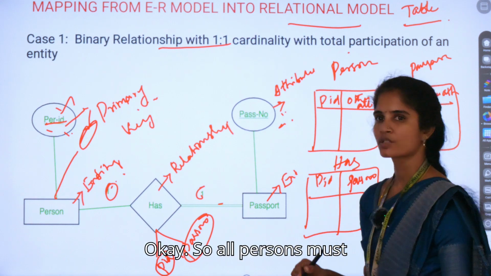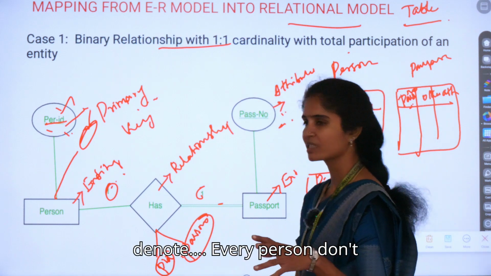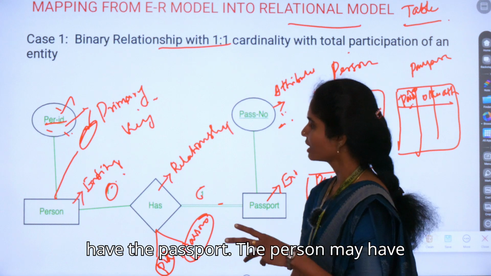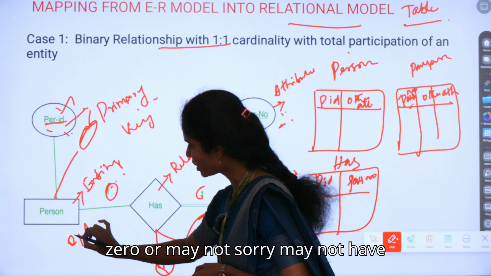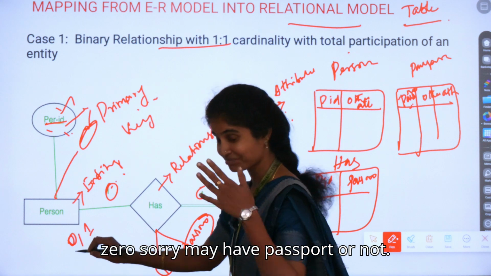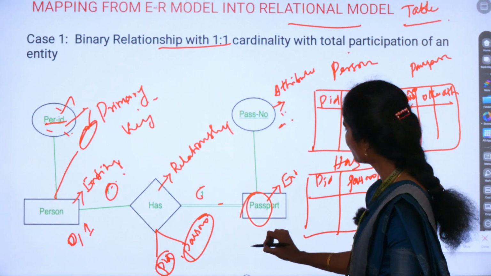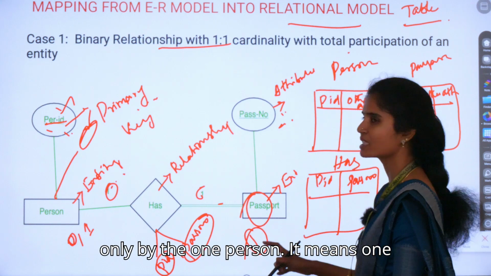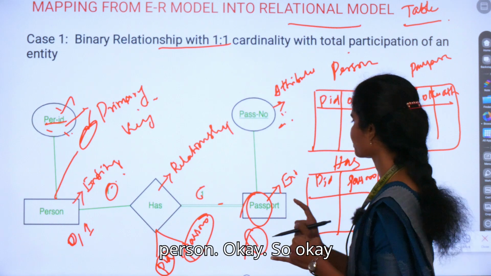Okay, not every person has a passport. A person may or may not have a passport, but anyhow the passport number is owned by only one person. It means one passport number denotes only one person.